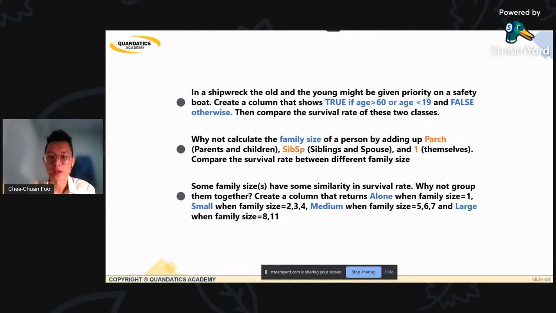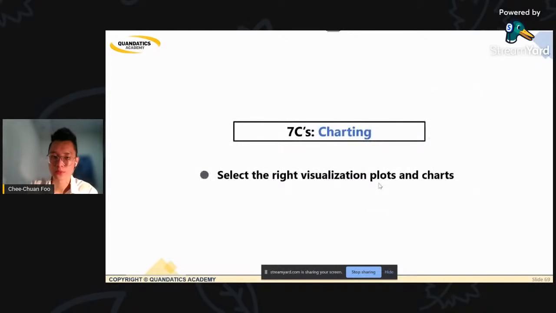And I can probably create a column called family size to add the parents, children, siblings, spouse, and themselves together. And I can compare the survival rate to see if that is significant or not, right? So this is creating, and the last one would be charting.